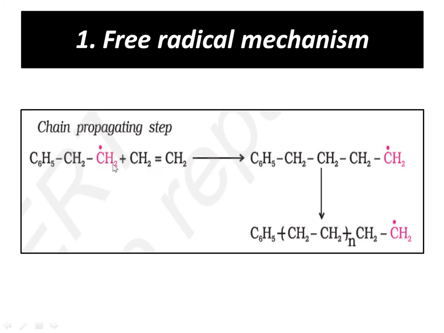Here bond dissociation takes place and this combines with the free radical, forming the dimer, and the electron goes to the last carbon. The polymerization reaction continues and we get the polymer, which is C6H5 CH2 CH2 n type CH2 CH2 with the electron.